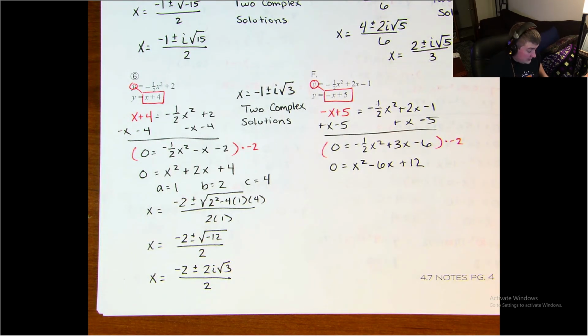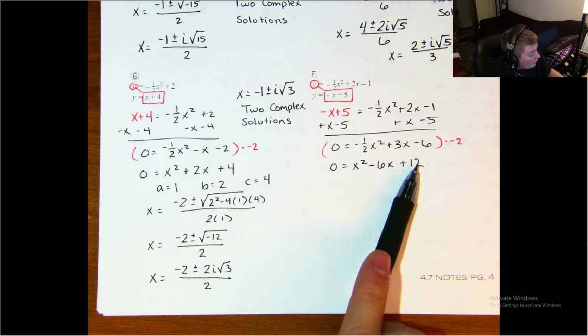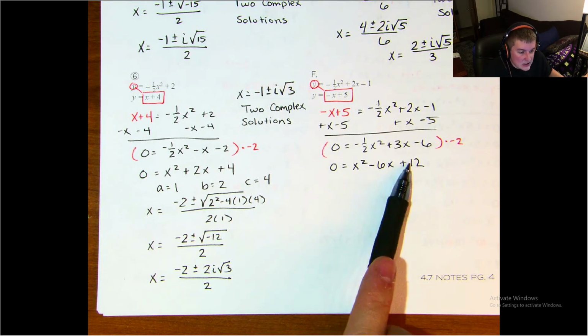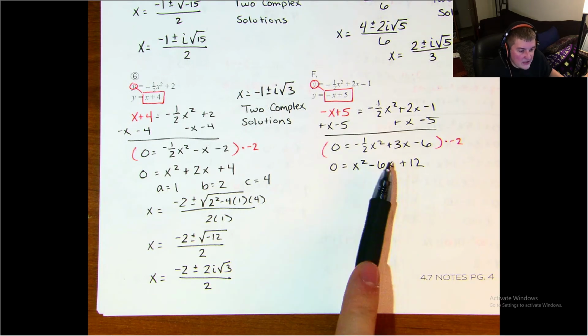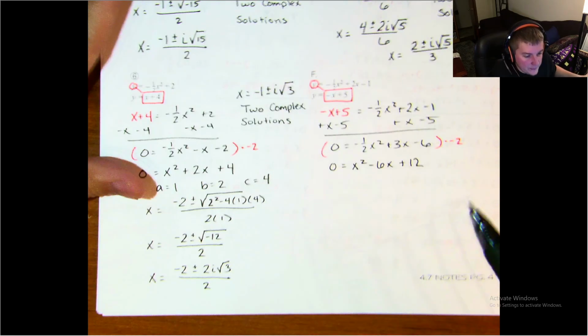So that means, what does that mean? That means that I would need numbers that multiply to 12 and add to negative 6. So 12 and 1, no. 6 and 2, no. 4 and 3, no. And then I'm back to 2 and 6. So this doesn't factor.